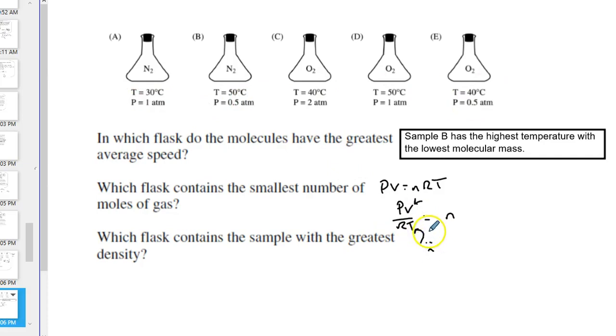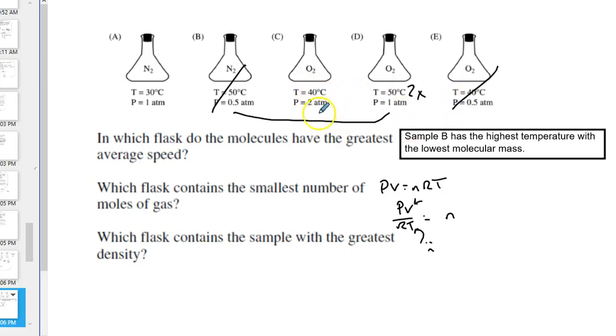All right, it's very close, but the pressures are. That is, however, going to be a major factor. This guy here, let's say, for example, has the same temperature, so 0.5 to 1. This guy's got 2 times as many particles as that one does, so that guy's out. These two are the same temperature, so this guy's got 4 times the pressure.